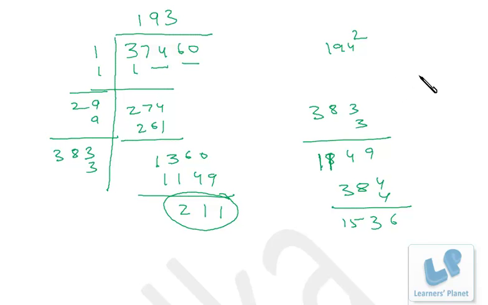Okay, so 194 square is actually 37636. Okay, so this is 37636 and this is 37460. So what I do is I deduct this number from here.